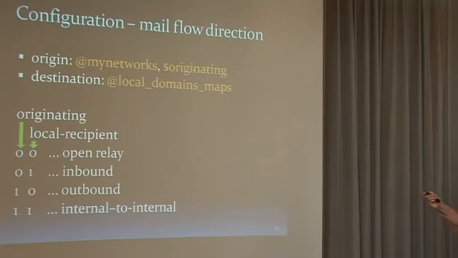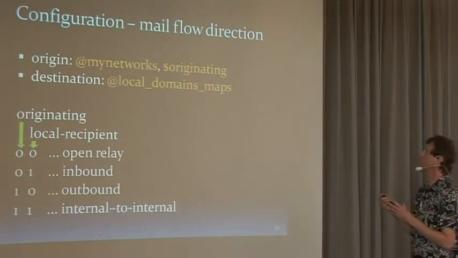And here are the main configuration settings which tell Amavis what is the direction of the mail flow. The list of my networks, or the flag originating, we'll come to it later, tells when this is set, or when the IP address falls into this range, we know that mail is coming from internal networks, from our users.